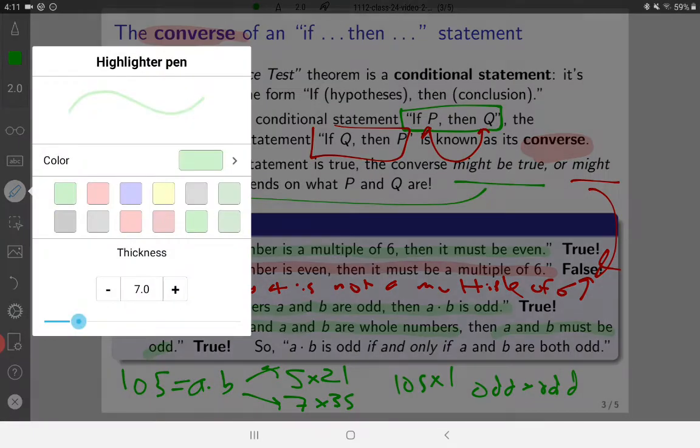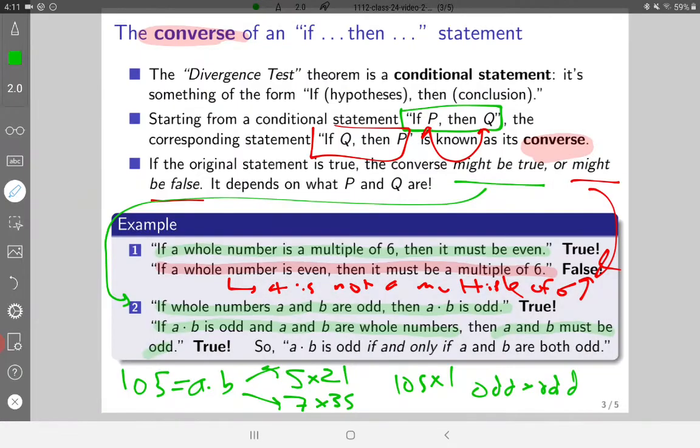And so I could actually say down here, combining those two statements together, a product of whole numbers is odd if and only if. And that phrase here is saying that it's both of those logic pieces. I can turn them around and combine them together. A product is odd if and only if both of the factors are odd.